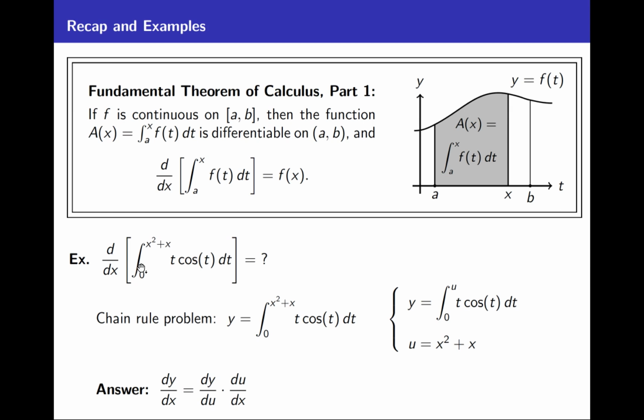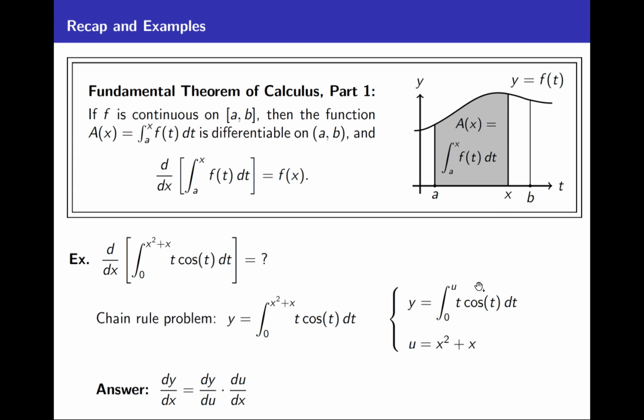So in this example, we're looking for the derivative of that function. We're looking for dy/dx. And the chain rule says that's dy/du times du/dx. Okay, let's see if we can compute these individual derivatives. Well, du/dx, the second one, is the derivative of u equals x squared plus x. That's easy. That's going to be 2x plus 1. Now, what about dy/du?